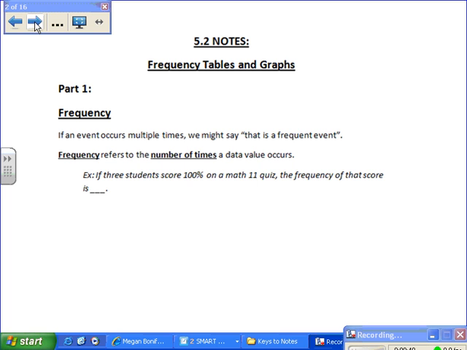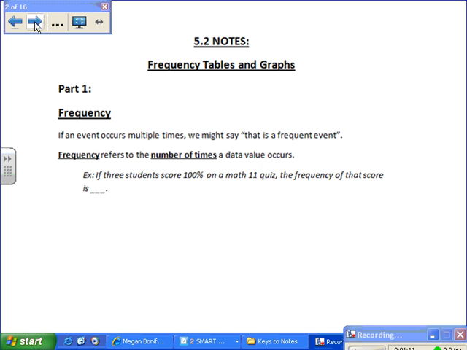So if something occurs many times or multiple times, we might say that's a frequent event. So for example, if you won the lottery 5 times in your life, you might say, "Hey, I've won the lottery 5 times. That's frequent, right? That's a little bit unusual, but it's also frequent."